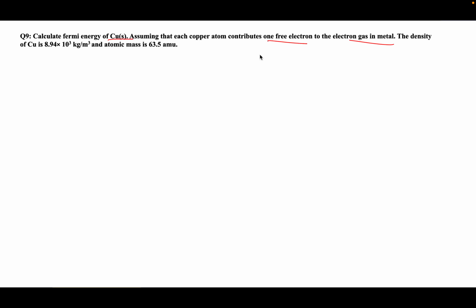So there is an electron gas, that is Fermi gas, and we need to calculate the Fermi energy. We know the formula for Fermi energy actually. EF is equal to h squared by 2m, where m is the mass of the particle, times 3 by 8 pi, n by V, to the power 2 by 3.